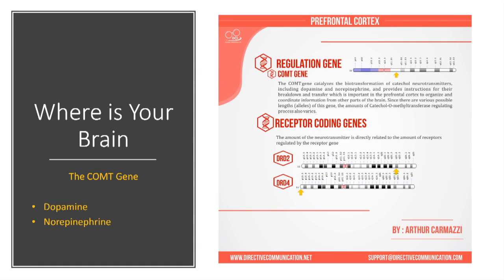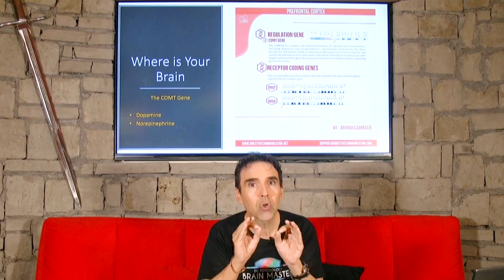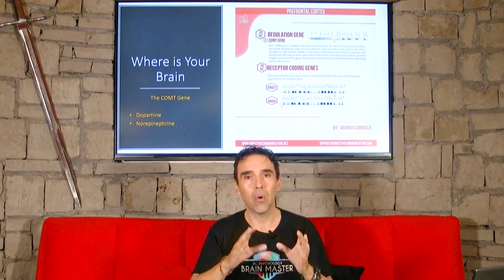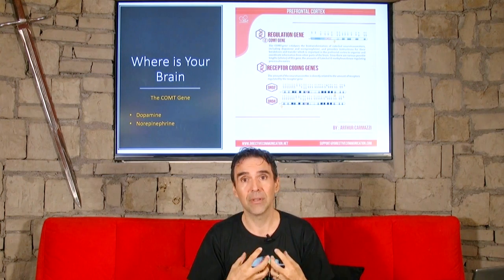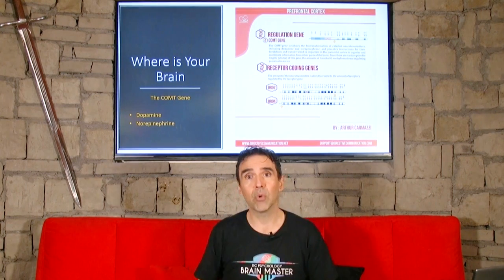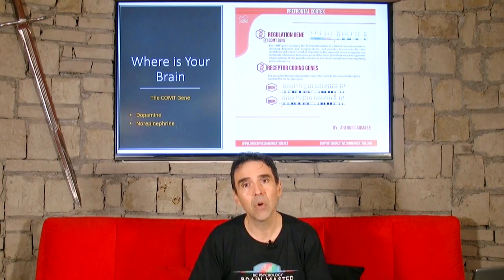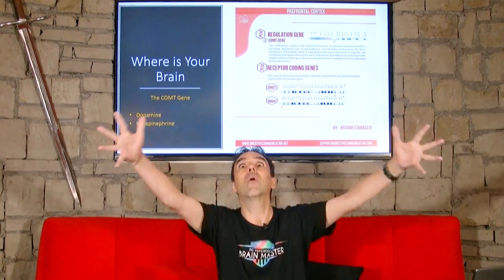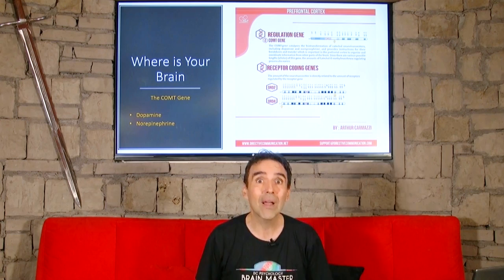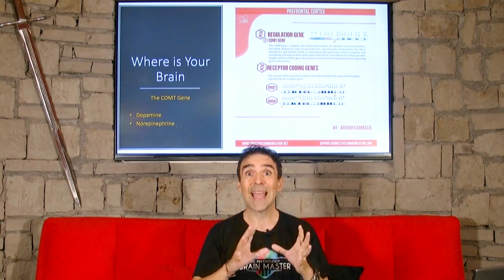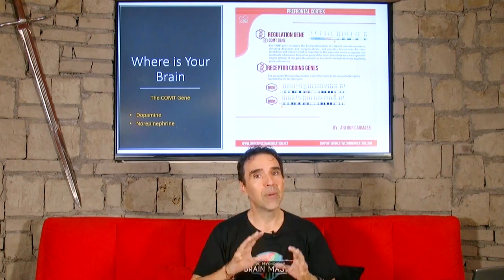Now, smaller amounts of norepinephrine basically bring it down. So your attention basically comes down to smaller details or internal things, like even, for example, your internal emotions rather than what's going on everywhere around you. So, that does affect your brain process.